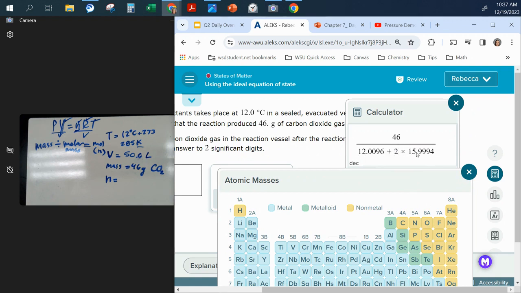So carbon plus 2 oxygens gives me CO2. So 46 divided by this will give me the number of moles. So we have about 1 mole. 1.0452.